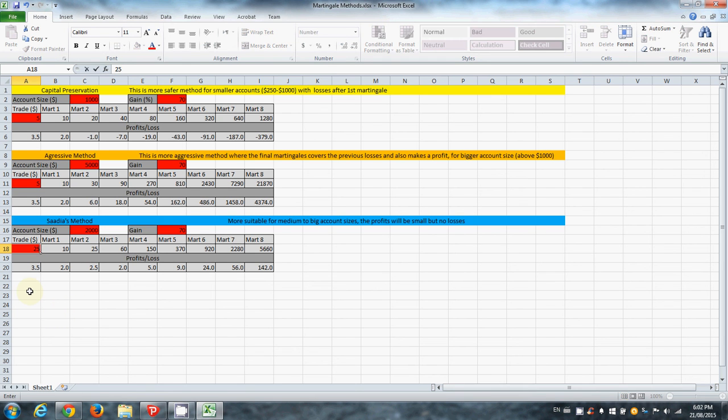You change the number here, and you can see all your other martingale sizes would change, and your profits or losses would show here. So basically, you play with these 3 boxes which are in red, and see what suits you, and do let me know. Hopefully this video will help you, and any suggestions and comments are most welcome.